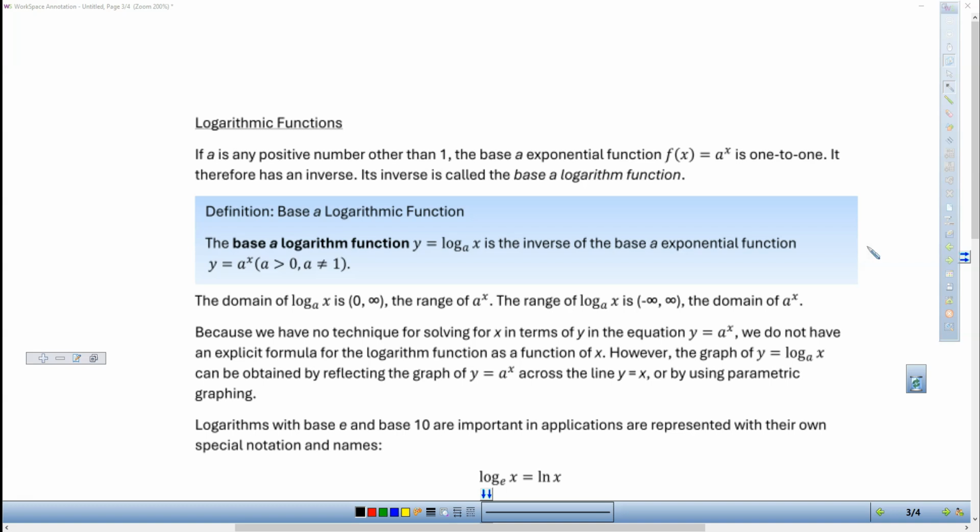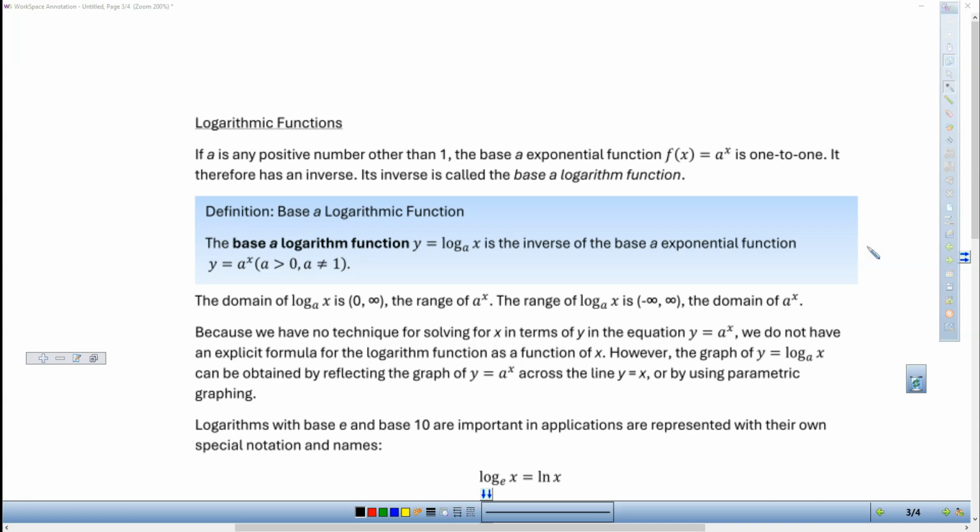Because there is no technique for solving for x in terms of y in the equation y equals a to the x, we do not have an explicit formula for the logarithm function as a function of x. However, the graph of y equals log base a of x can be obtained by reflecting y equals a to the power of x across the line y equals x, or by using parametric graphing.